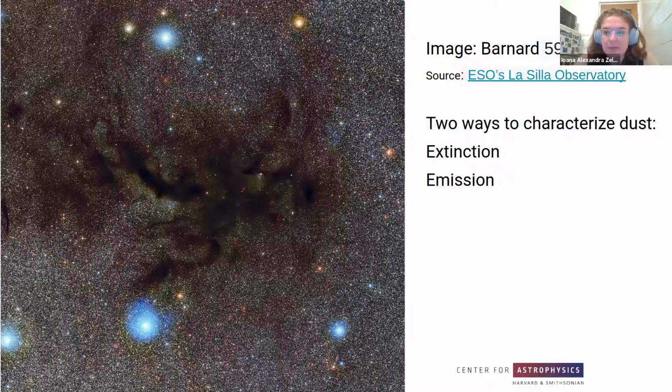So dust blocks light coming from behind it, as can be seen in this picture of the Barnard 59 dust cloud, where the dust just opaquely blocks the light of the star field behind it.